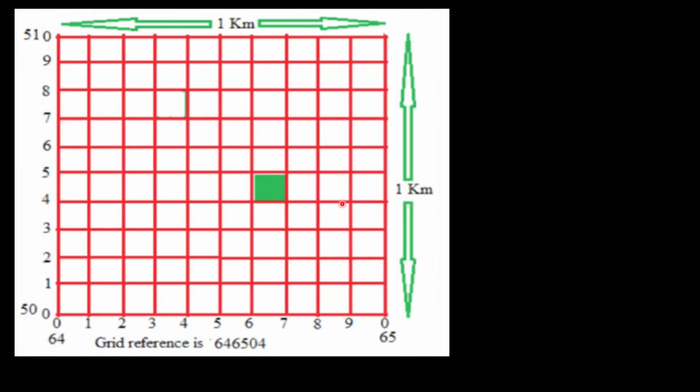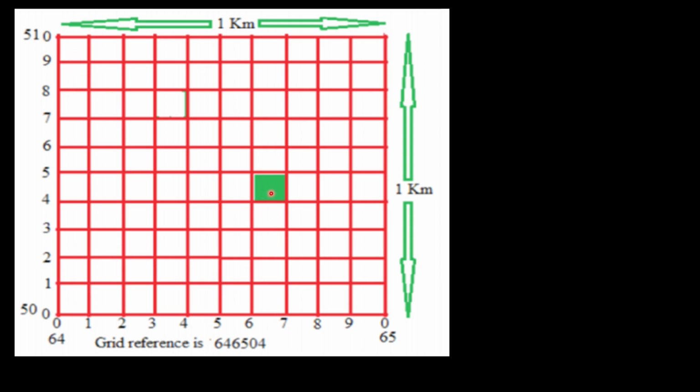Here only one grid has been taken, that is 64 to 65 for the eastings and 50 to 51 for the northing. And here with the larger drawing, it has been shown how it is divided into 10 equal squares.